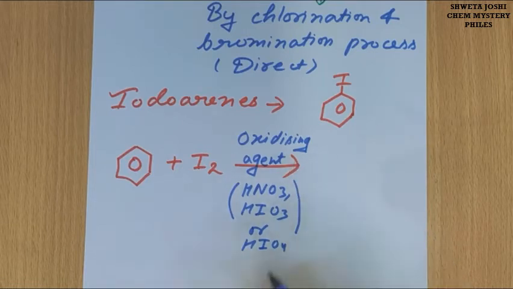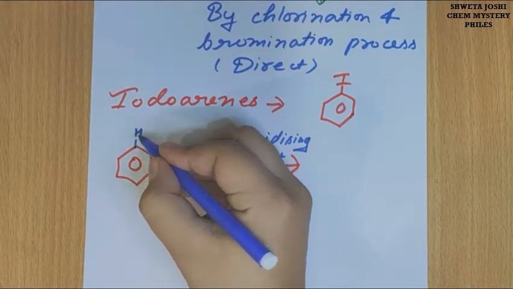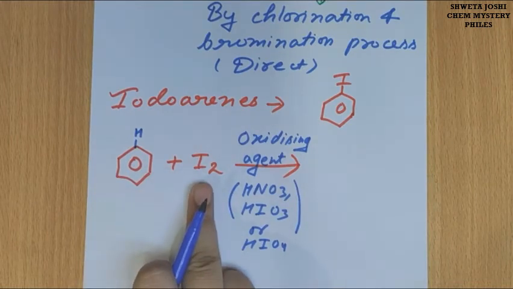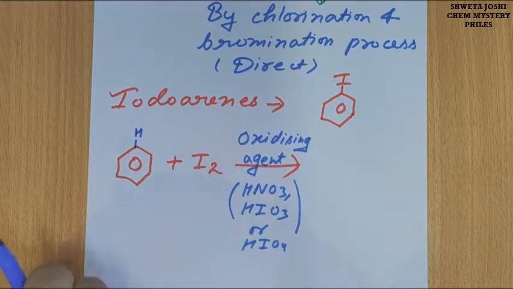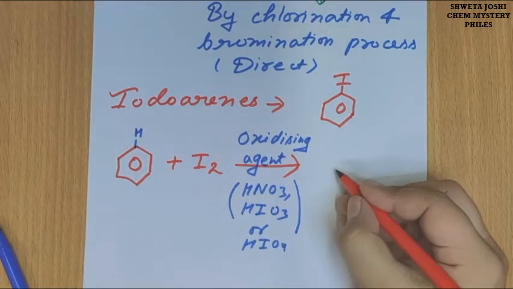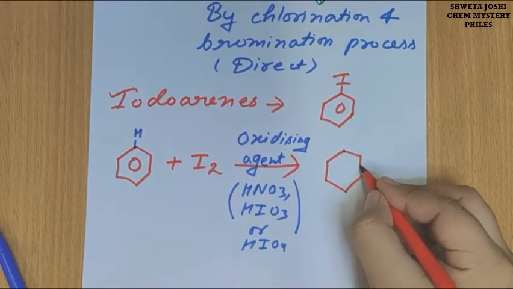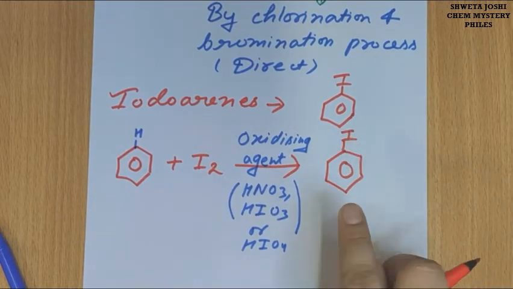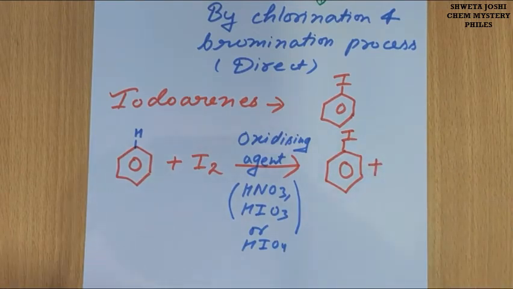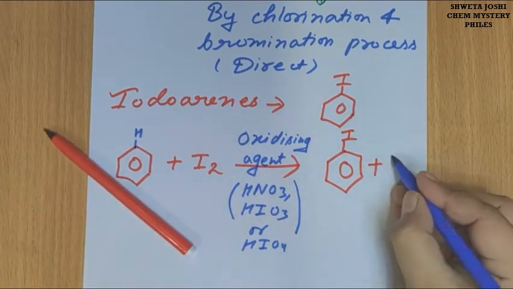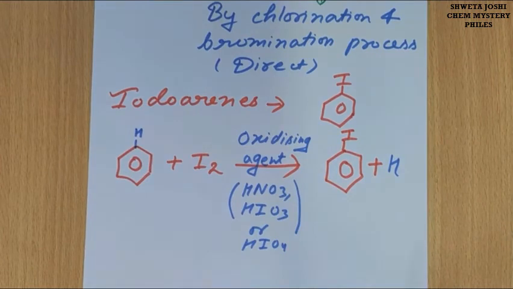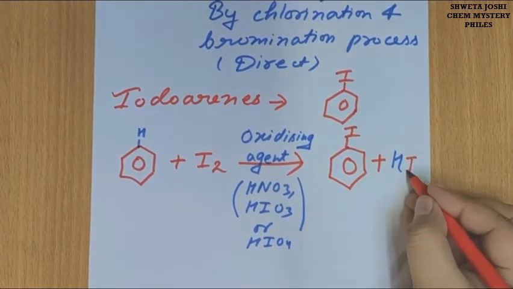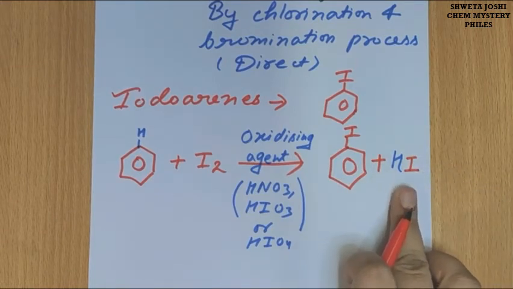In this reaction, hydrogen of the aromatic hydrocarbon is substituted by the I group and there will be formation of iodobenzene, and along with that H and I will combine forming HI.